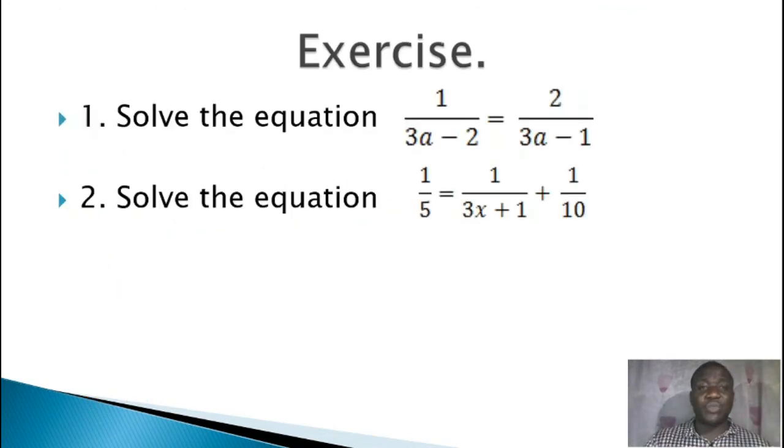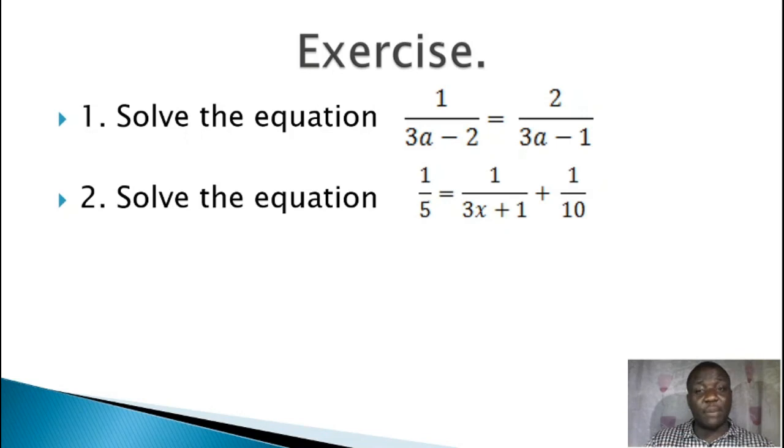So I have two exercises here, and the two exercises, they are not easy. So I want you to look at it very well. If you look at exercise 1, the two numbers have binomials as their denominator. So please observe the way I use the binomial.